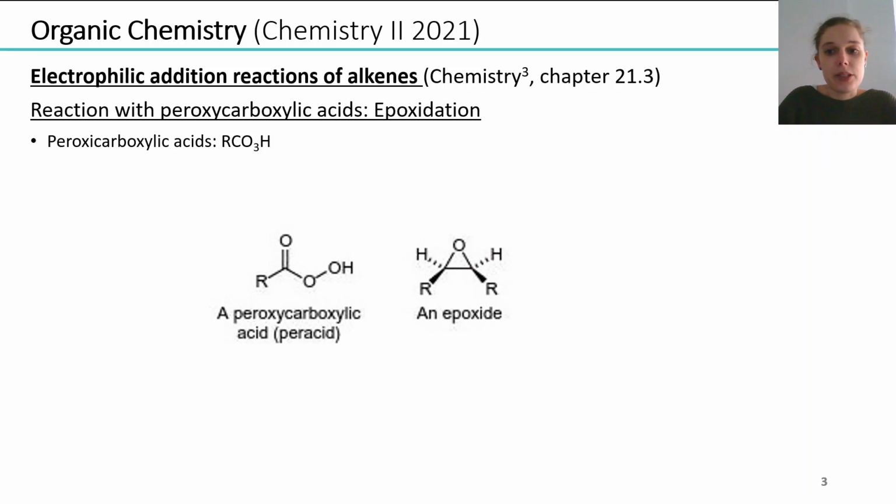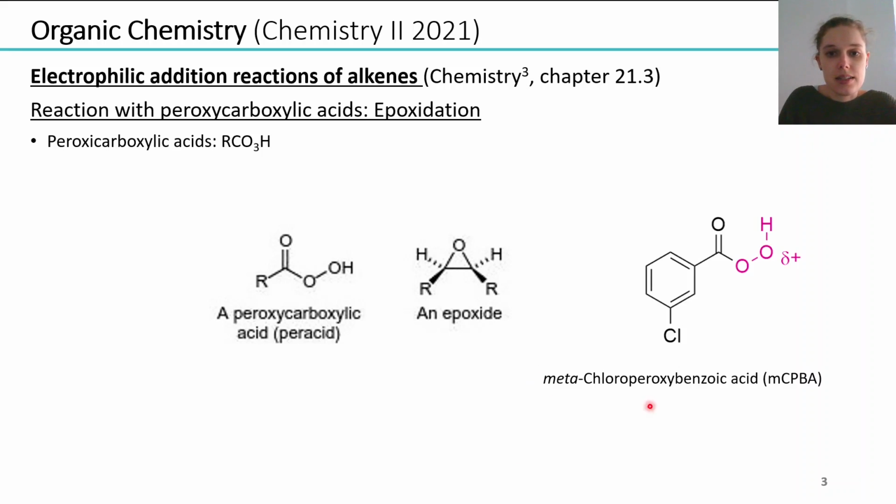A peroxycarboxylic acid reacts with an alkene by donating an oxygen atom to the carbon-carbon double bond to form an epoxide in an electrophilic reaction. You can imagine there are plenty of different peroxycarboxylic acids, and a prominent candidate is this molecule here. It is called meta-chloroperoxybenzoic acid, and you can directly see the important structural unit here.